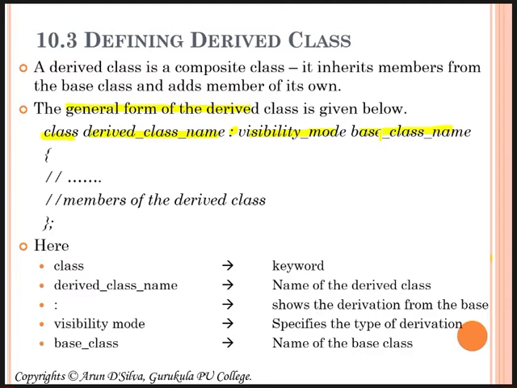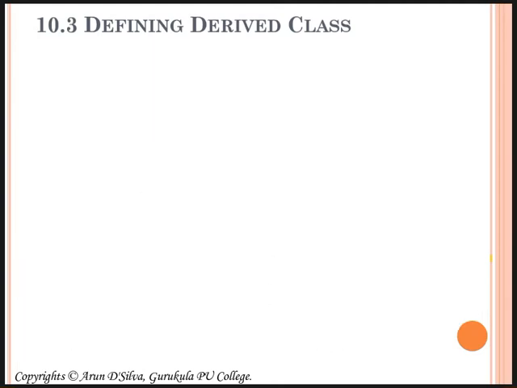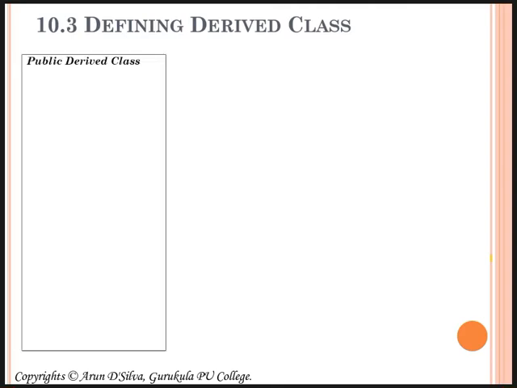I think I made it clear, but I can make it still clearer by giving an example. So let me define the derived class by public derived class.